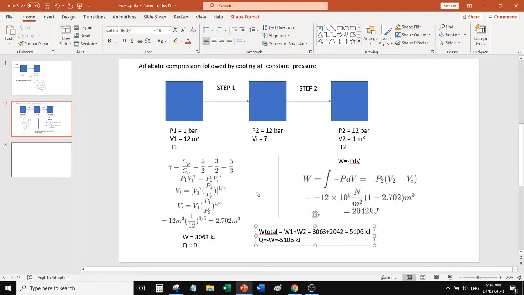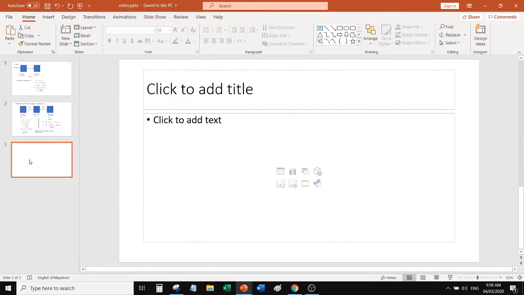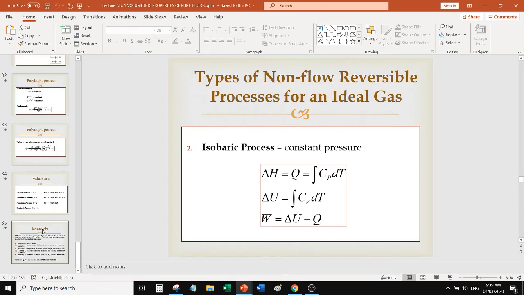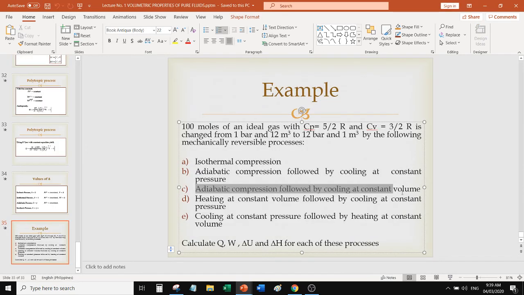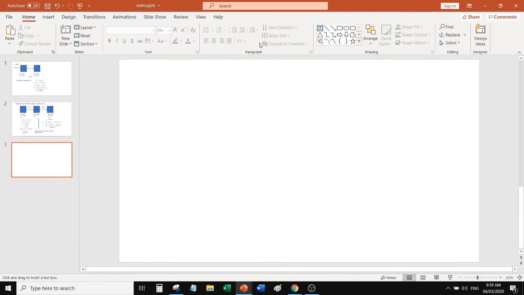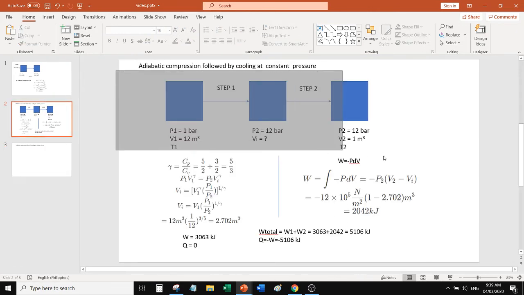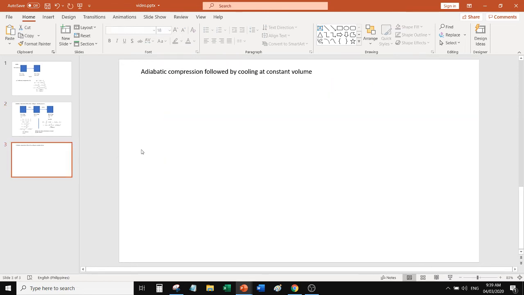You can see it. Okay, the next process is adiabatic compression followed by cooling at constant volume. So let's draw the problem. Let's just copy paste.